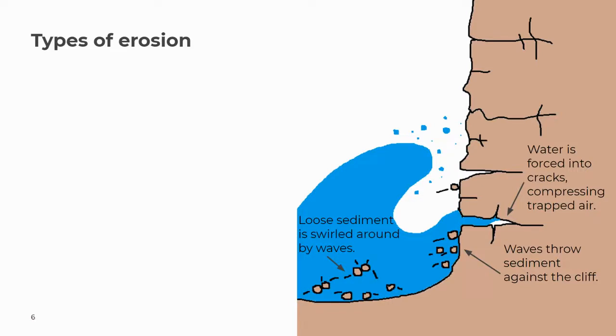So, water being forced into the cracks is hydraulic action. You might also see this as hydraulic power. Waves throwing the sediment that scrape away at the cliff is abrasion. And finally, two rocks that bash together is attrition.